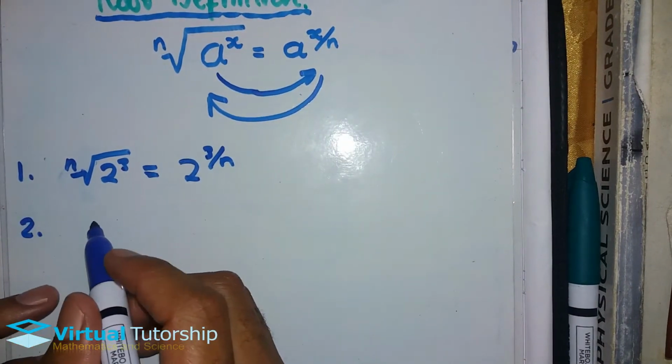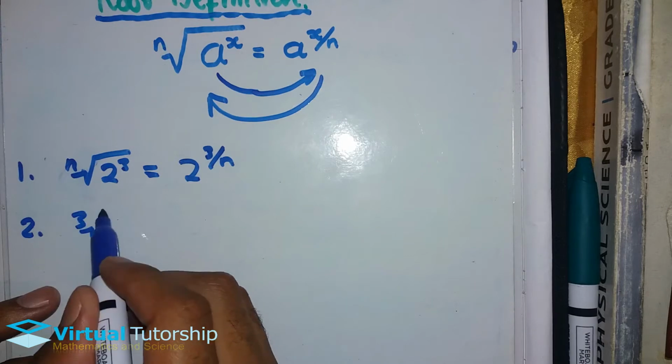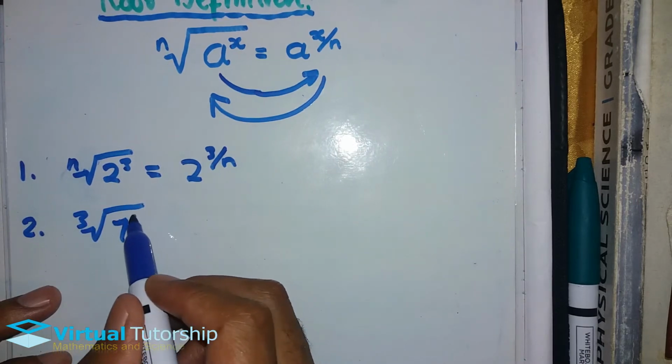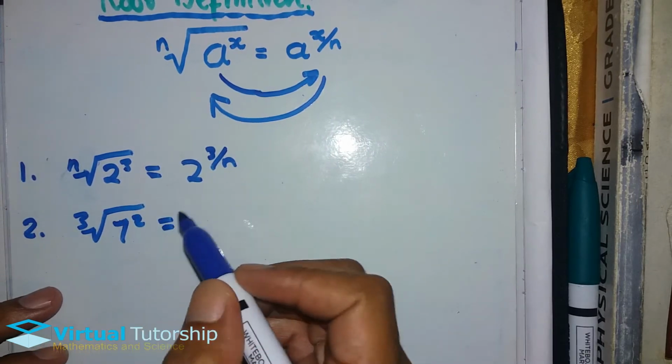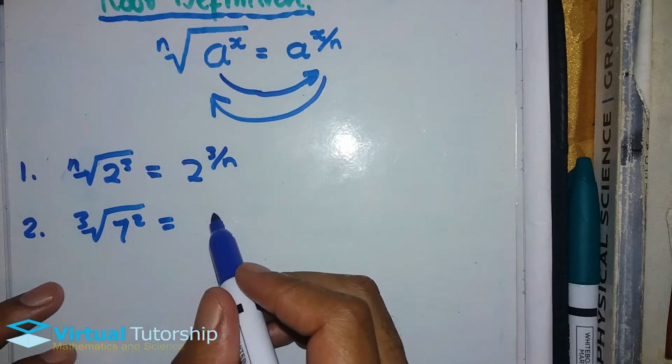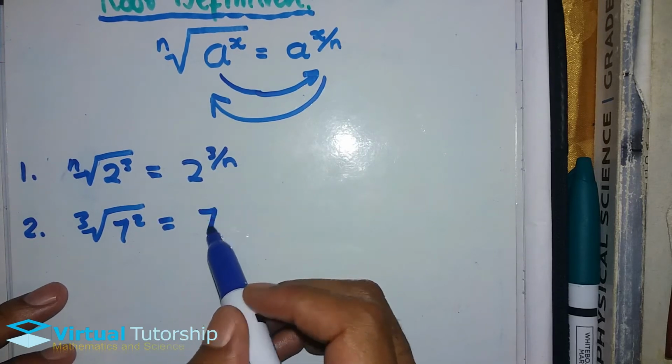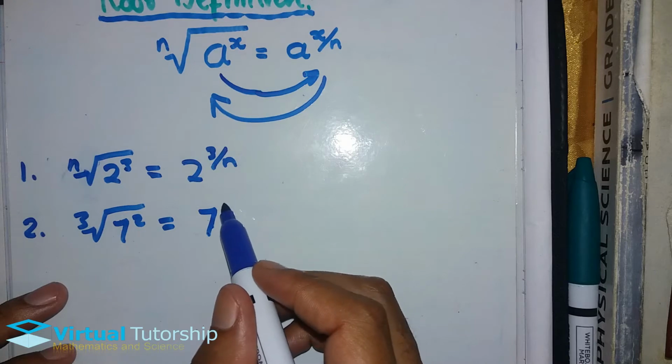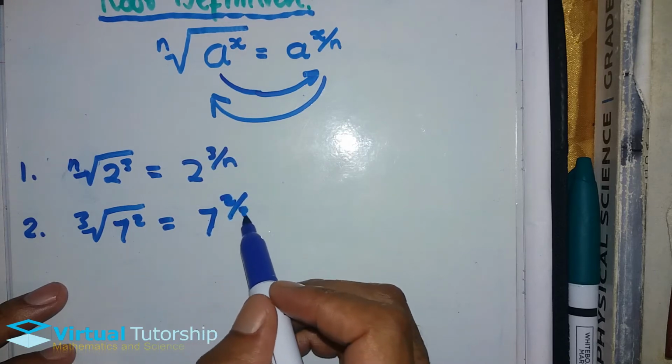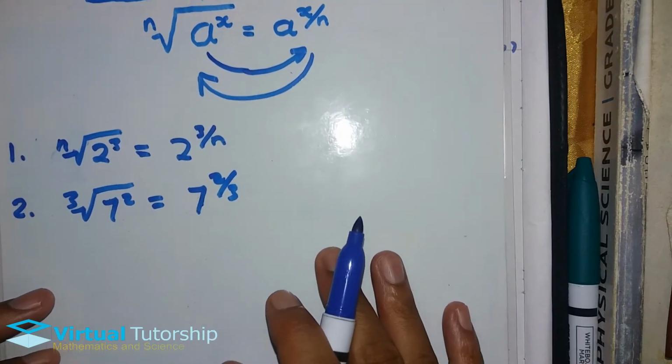A second example maybe would be the third root of, say, 7 squared, which is the same as 7 exponent 2 over 3. This is your answer.